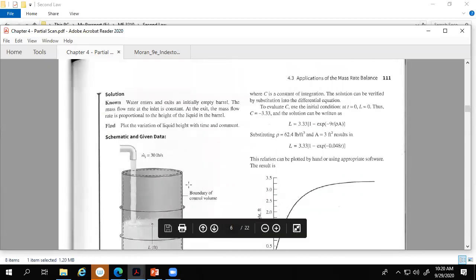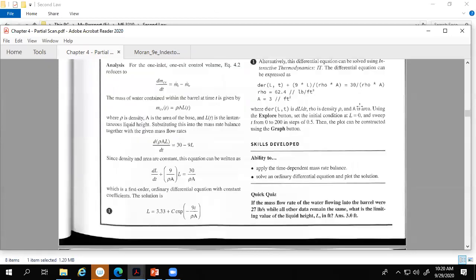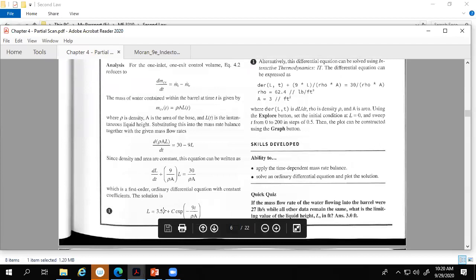We've got to evaluate the constant. And so at time t equals 0, L is 0. And so if t is 0, that makes the exponential 1. And so then C, you take this to the other side, so C is equal to minus 3.33.